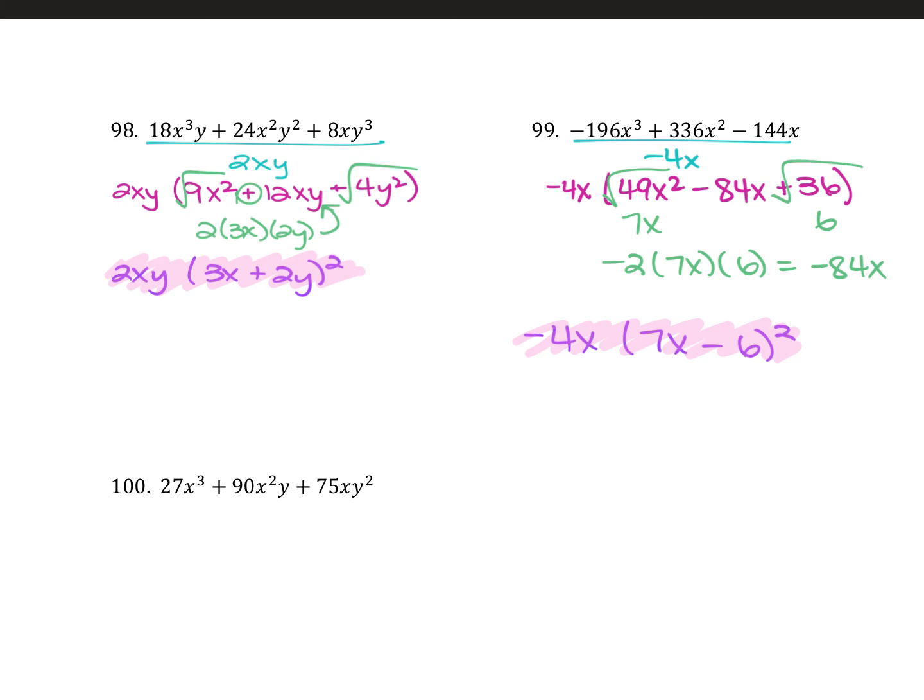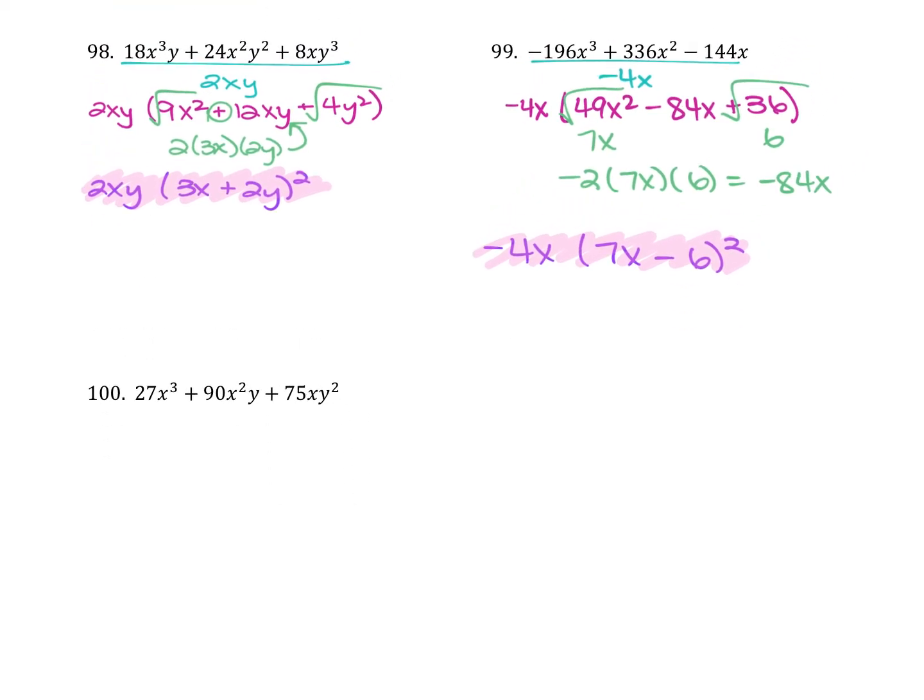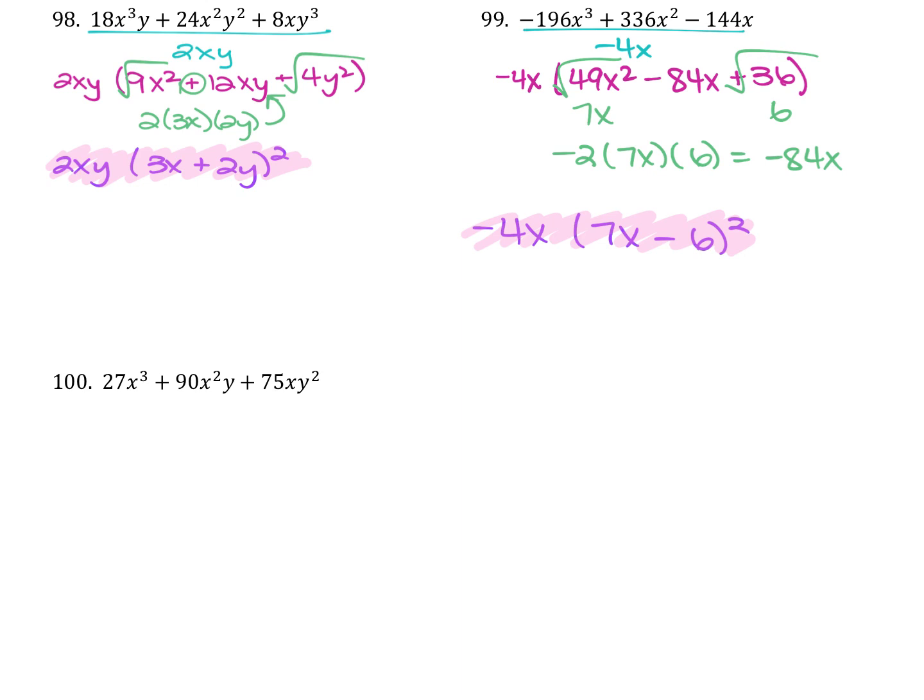For our last question, number 100, you have 27x cubed plus 90x squared y plus 75xy squared. You're going to factor out a 3x from all of this, and this is going to leave us with 3x times 9x squared plus 30xy plus 25y squared.